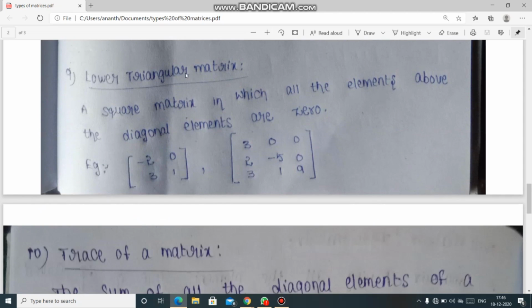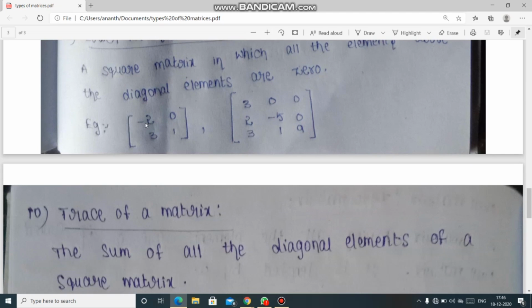The ninth one, lower triangular matrix. A square matrix in which all the elements above the diagonal elements are 0. For example, -2 0, 3 1. Here -2 and 1 are diagonal elements and the elements above the diagonal are 0.